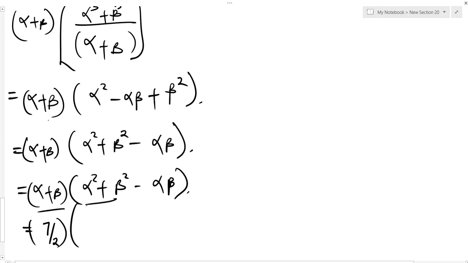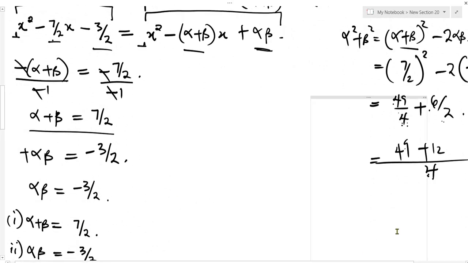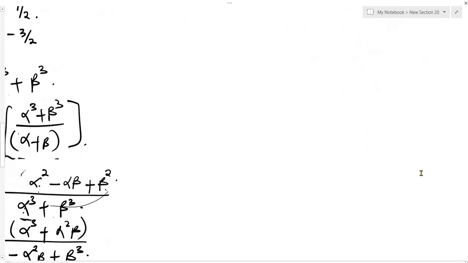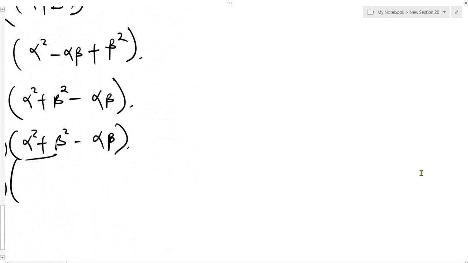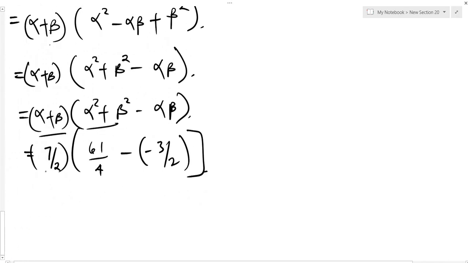We know this to be, which is what we just got now, to be 61 over 4. That is, this is 61 over 4. So 61 over 4 minus this, minus 3 over 2.